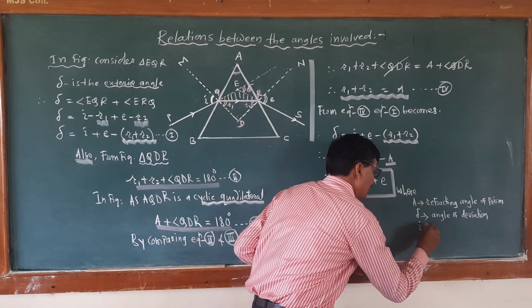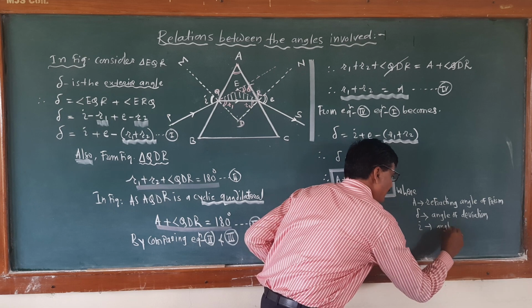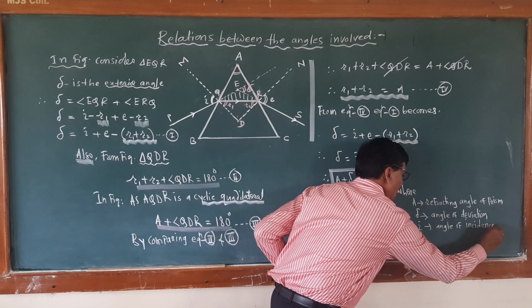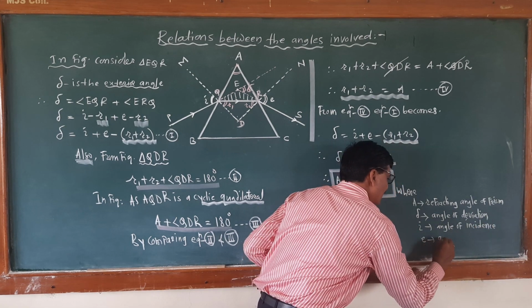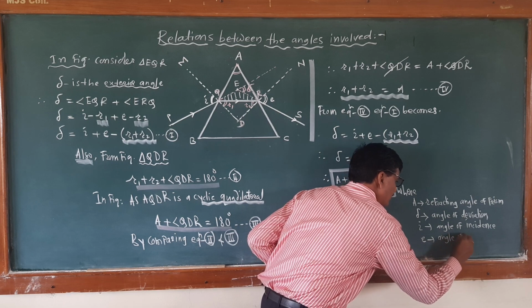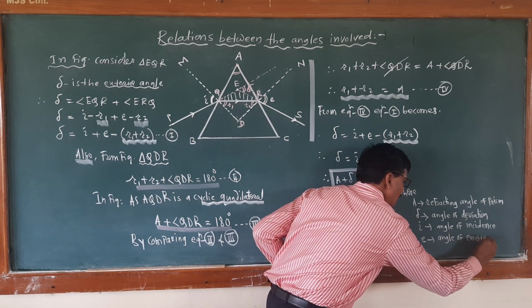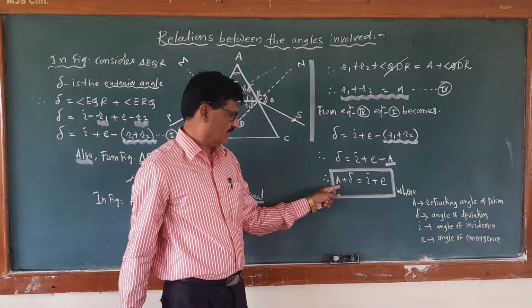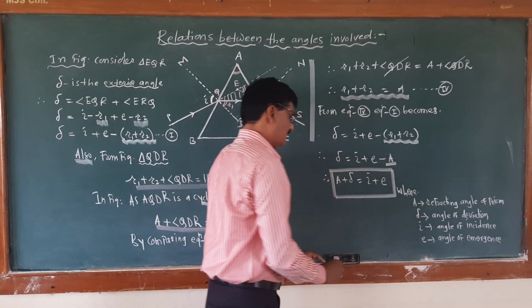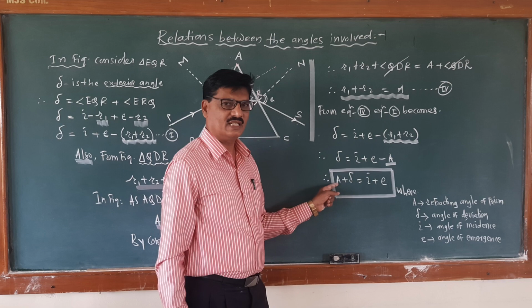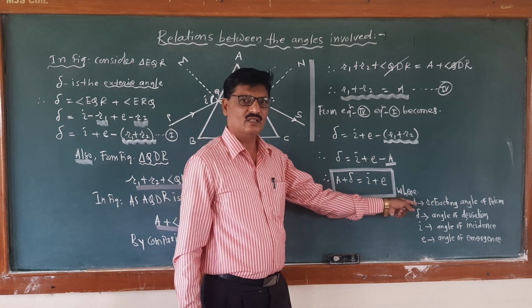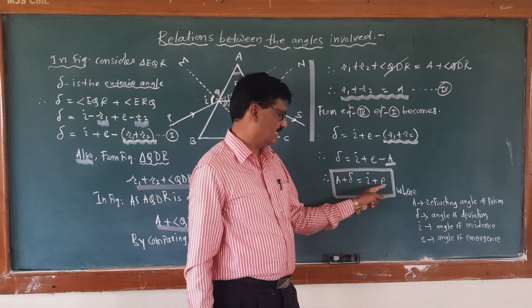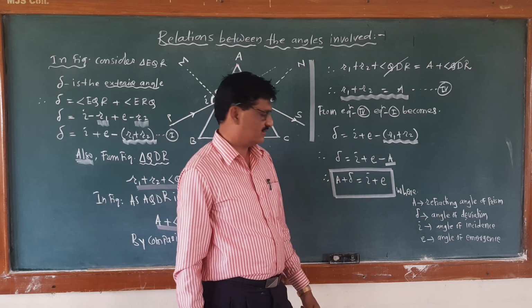I is called the angle of incidence. And small e is called the angle of emergence.